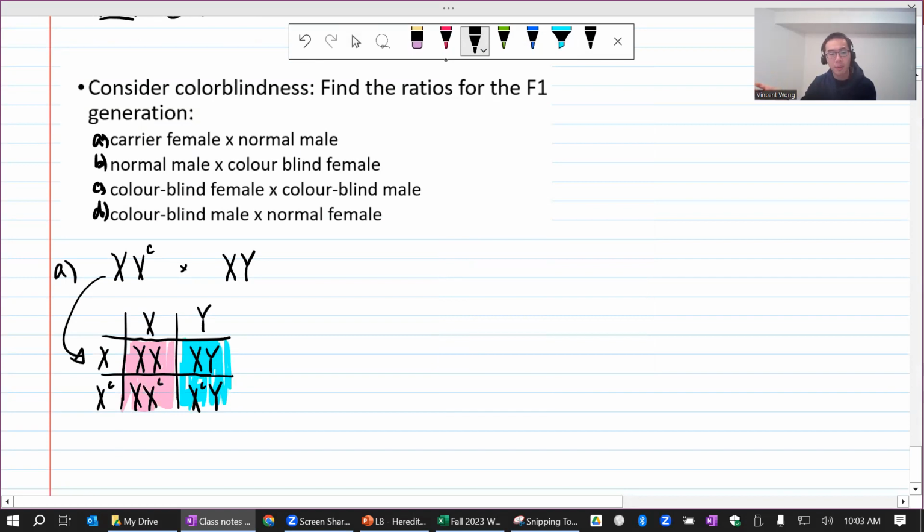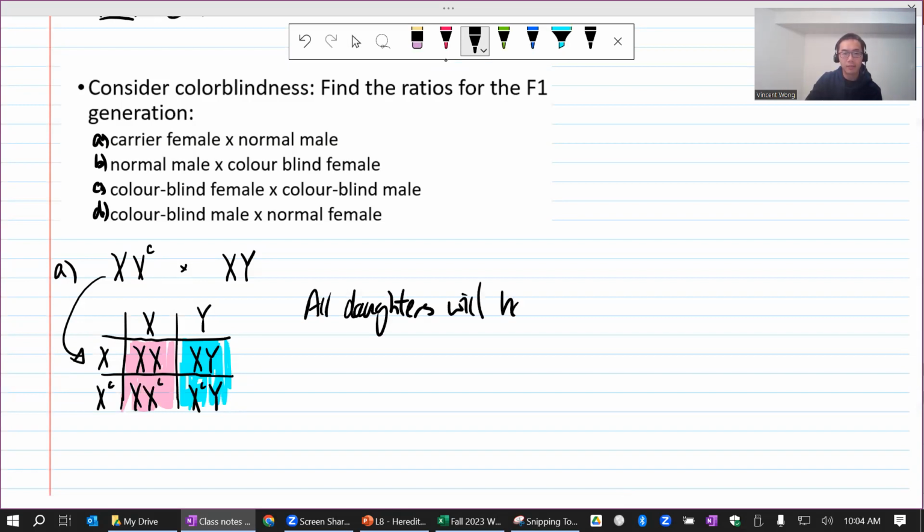So what can you say about the daughters? Are any of the daughters going to have color blindness? Right. XX is normal vision. XXC also normal vision. All daughters will have normal vision.